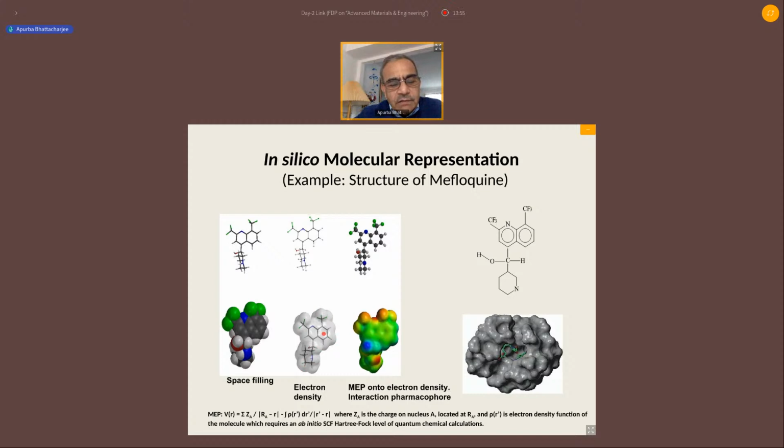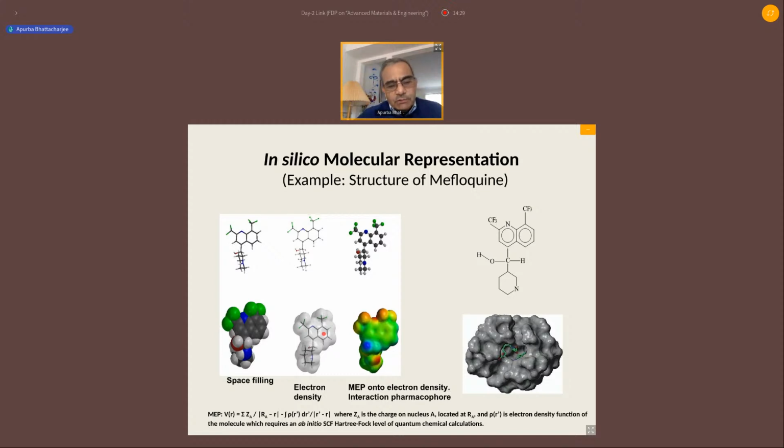Where there is large electron density, the proton will experience a very strong attractive interaction, and in potential terms that is called the most negative potential region. Conversely, the area most deficient in electrons will experience a repulsive interaction, called in electrostatic potential terms the most positive potential.